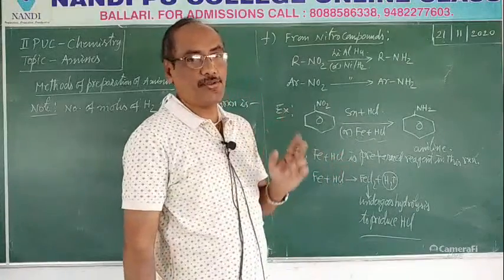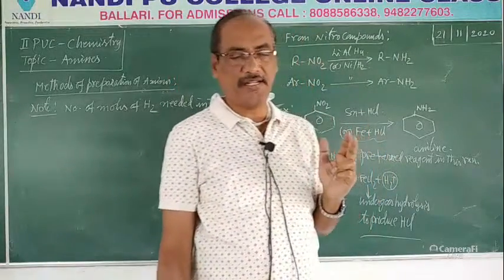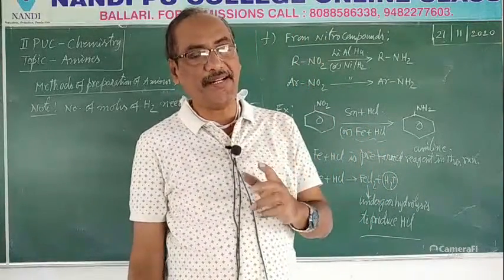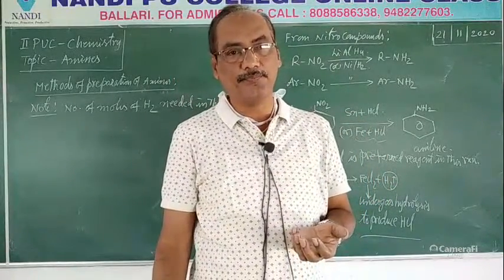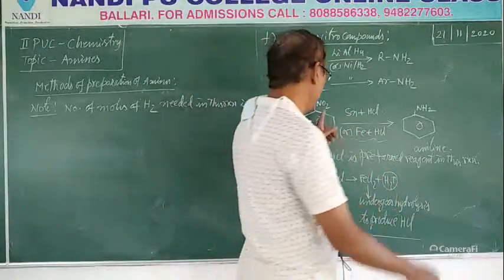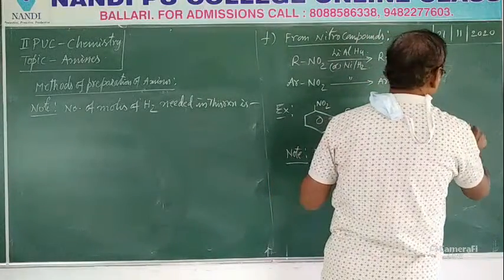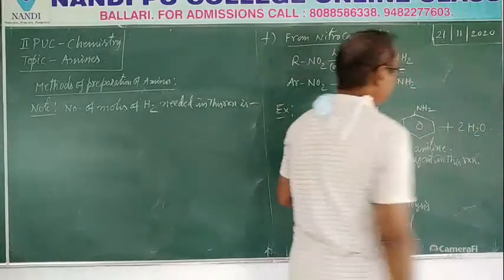2 oxygen atoms. You know that oxygen atoms are removed in the form of water molecules. Since 2 oxygens are there, we will get 2 H2O.